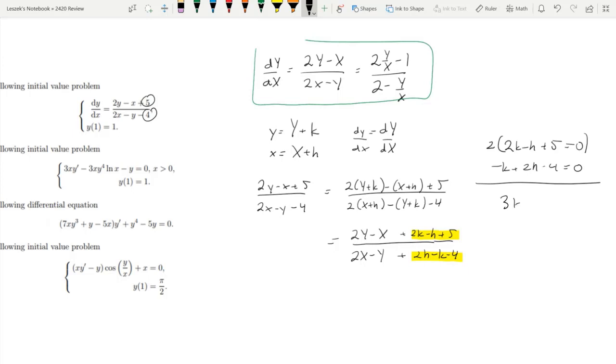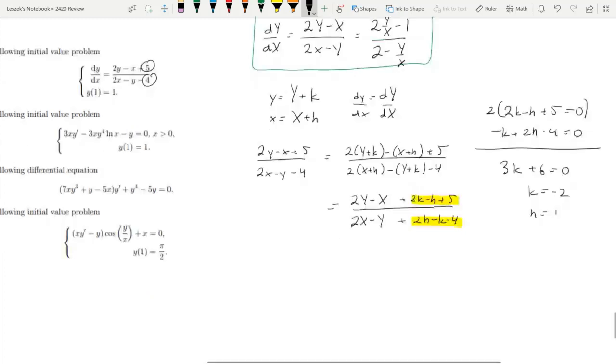So you get 3k, you get 10 minus 4, so 6. So k must be equal to negative 2. Okay. And once we know that k is negative 2, apparently h is equal to negative 1, or 1, I think.